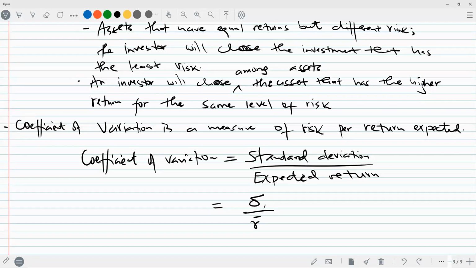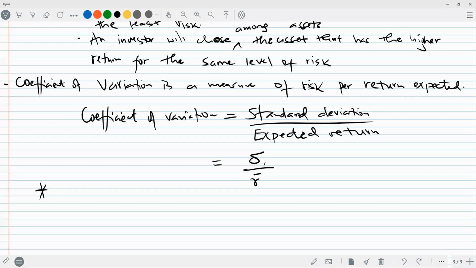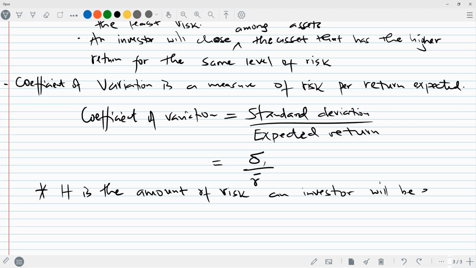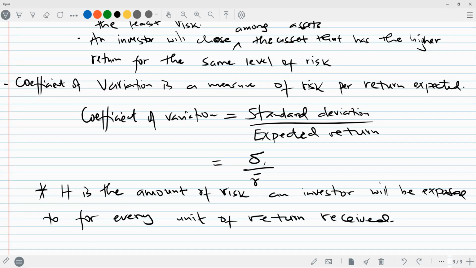You can write it down: it is the amount of risk an investor will be exposed to for every unit of return received. Clear?